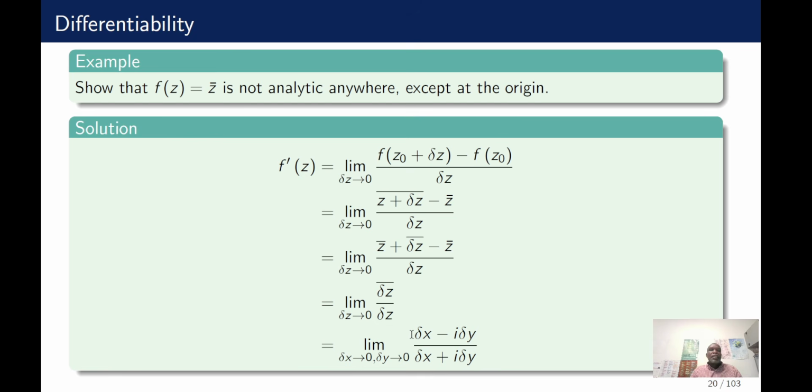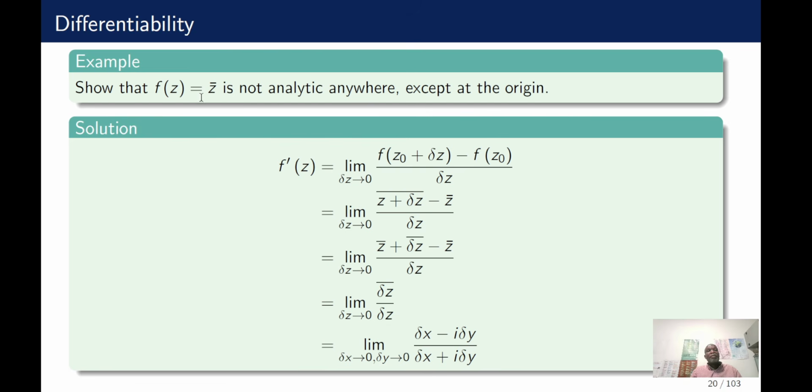Now, let us have an example. We're saying a function is analytic, so let us look at an example of a function that might not be analytic. It's a very simple function. The function f of z, which is just z bar. This is just a function where you are conjugating z.